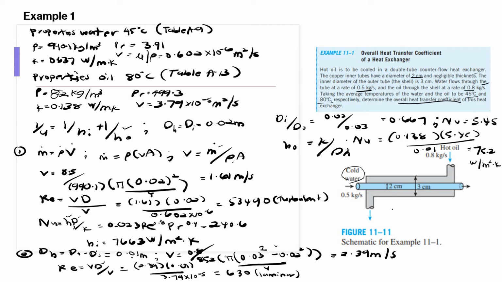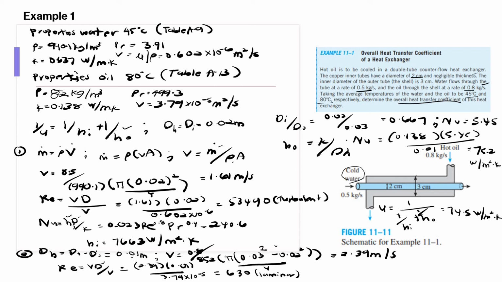So let me use, sorry, I don't have enough space to write the equation, so I think I take this space. U is equal to 1 over 1 over hi plus 1 over h naught. So just substitute the value of hi and h naught. You will get U is equal to 74.5 watt per meter squared dot K.